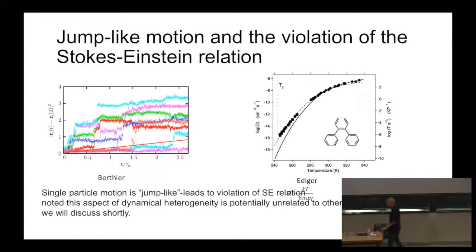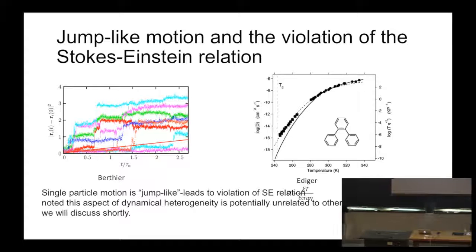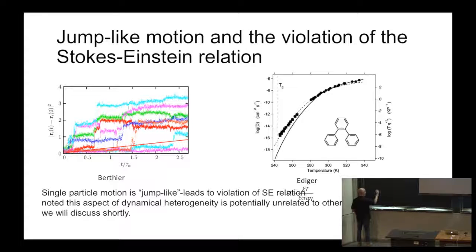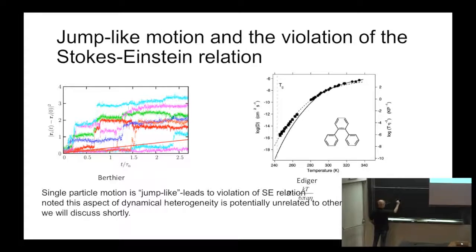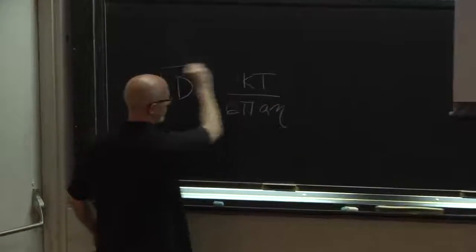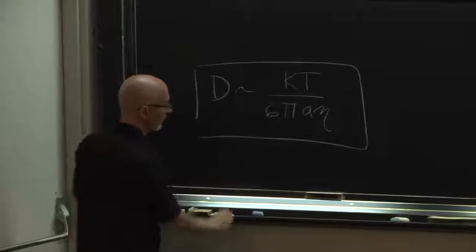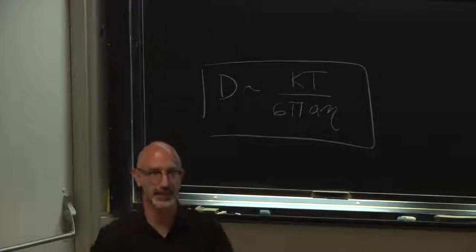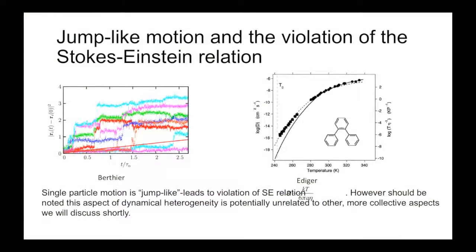Basically, if I try to measure the diffusion constant of my system, then there's a relationship between the viscosity, which is a bulk transport quantity, and the diffusion constant, which I can measure as a single particle quantity. And the relationship between them is very simple.